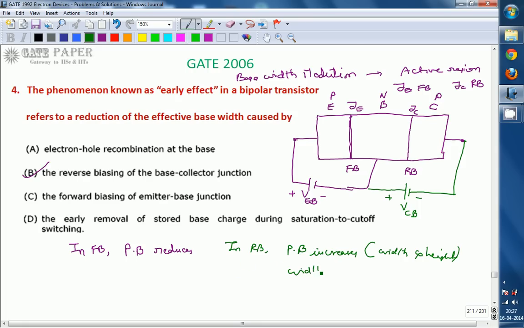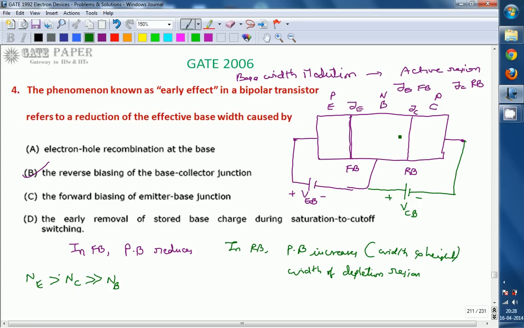The width of the depletion region increases more into the lightly doped side. So check whether the base or the collector is lightly doped. Generally the emitter is heavily doped compared to the collector, and the collector is heavily doped compared to the base. The base is very lightly doped.